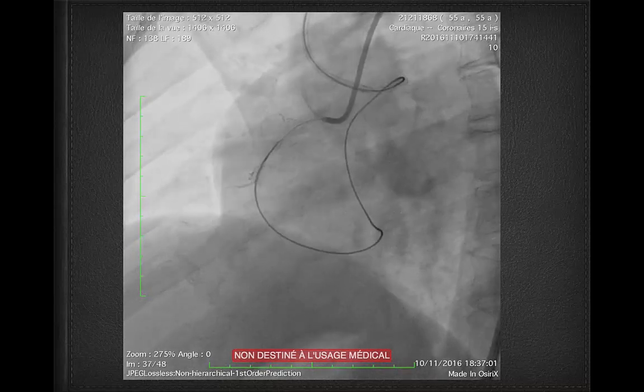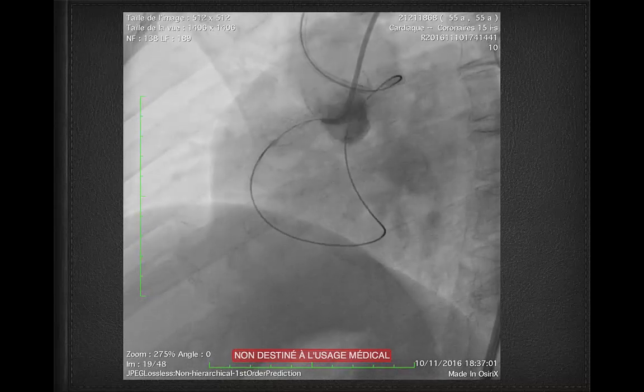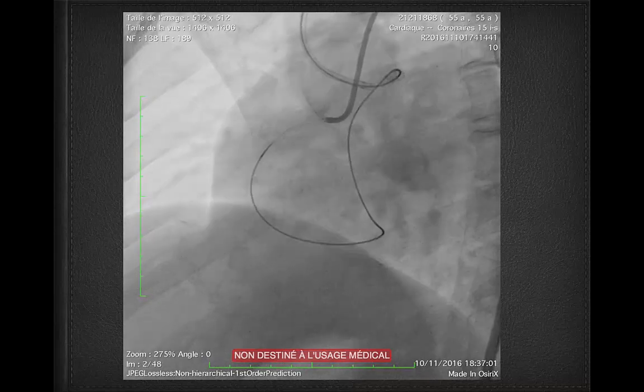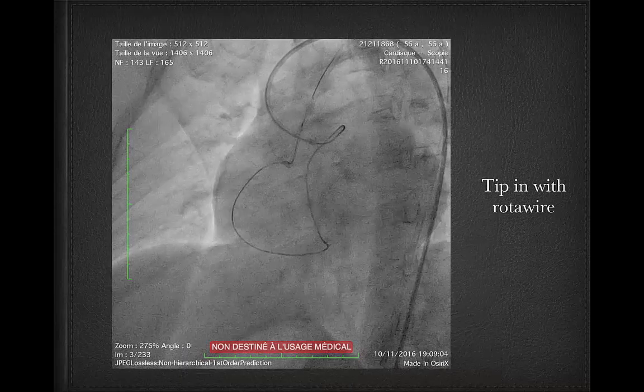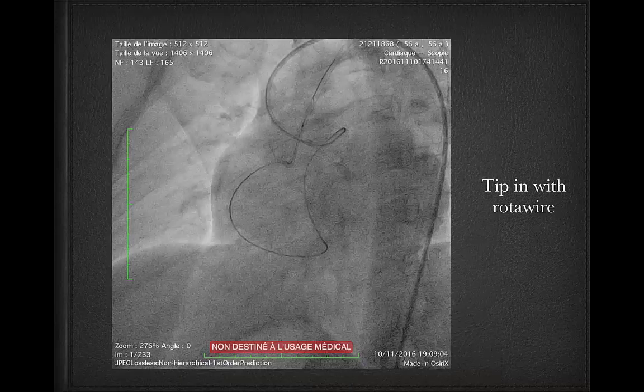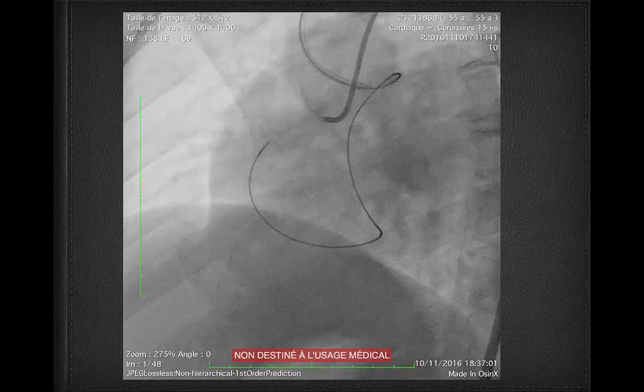And the problem is that it was really difficult to advance a balloon antegrade. So we decided to advance the Corsair inside the GR4 guiding catheter and then exchange RG3 for RotaWire and do a tip-in.